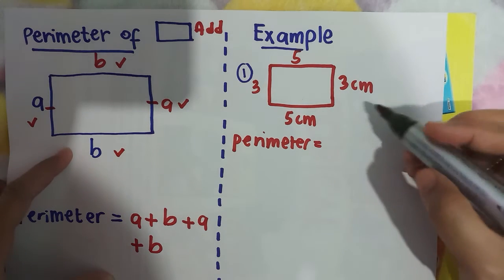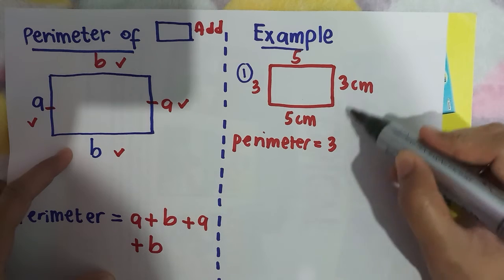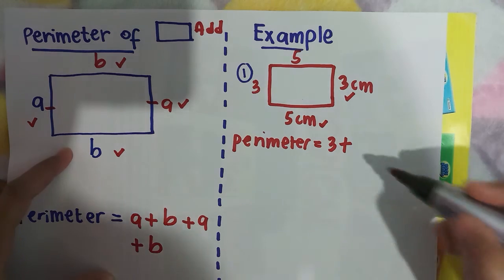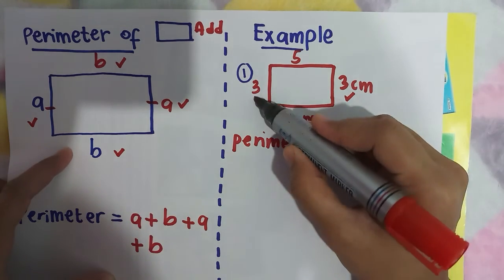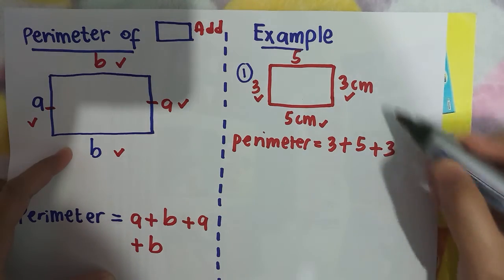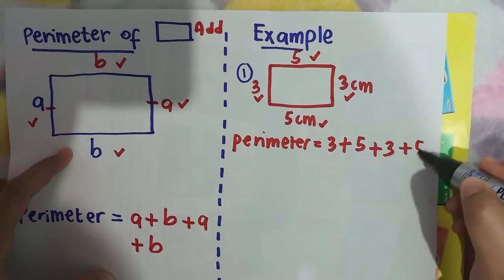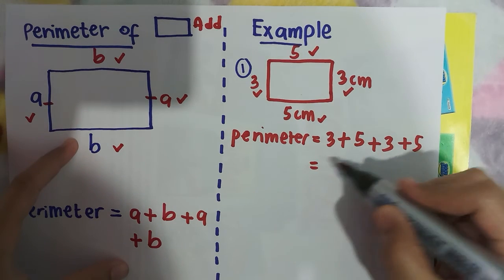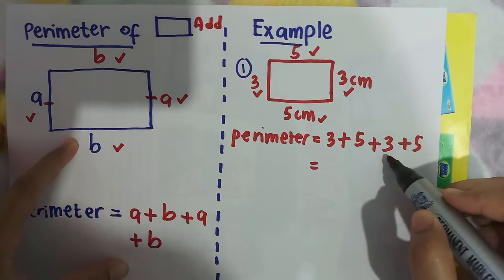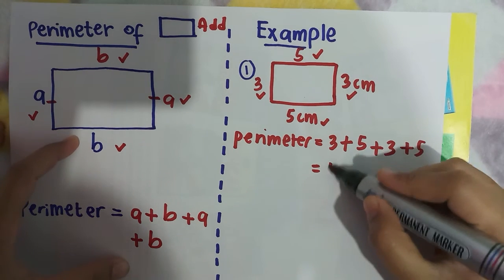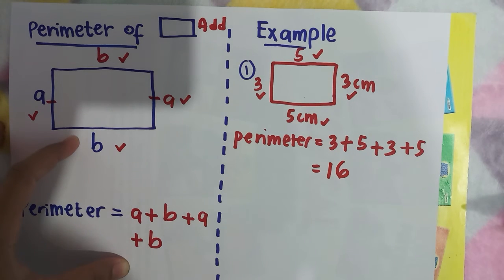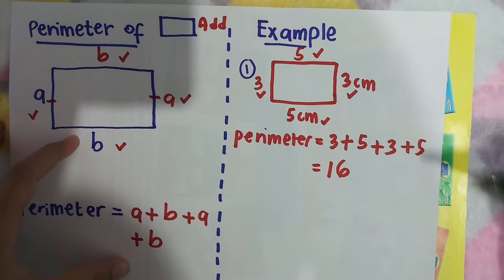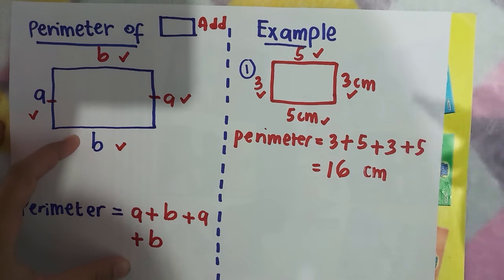So we add all: 3 plus 5, 8, plus 3, 11, plus 5, 16. What is the unit for perimeter? Because we add, we don't multiply, you get 16 cm.